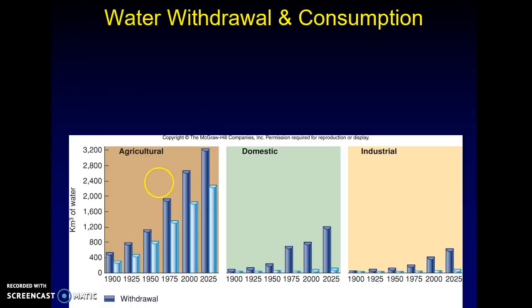So, as you can see, the greatest culprit here is agriculture. I don't know if you can call it a culprit. We all need food. Industrial is obviously not as much. And domestic. Now, this is the area where all of you can make a small contribution.